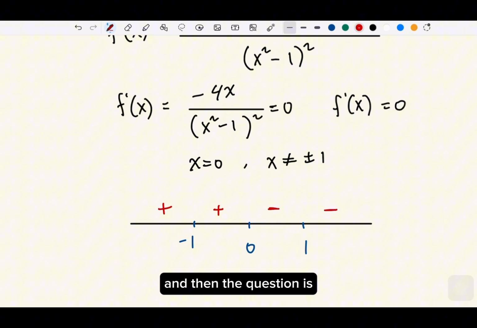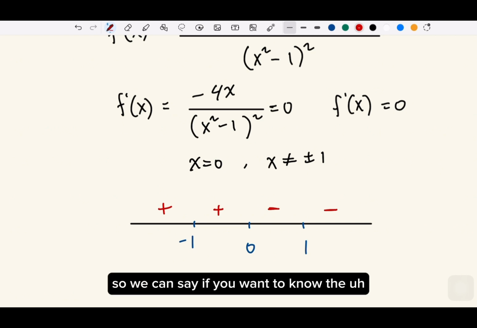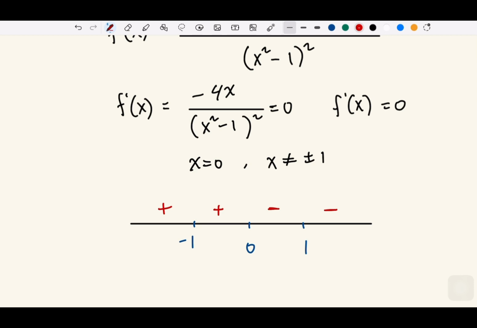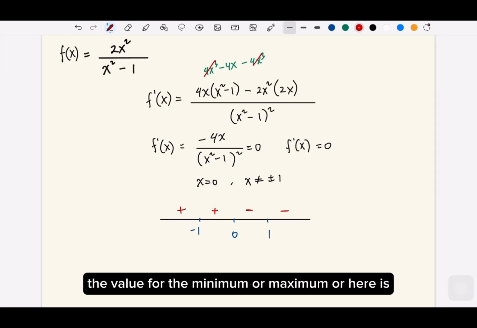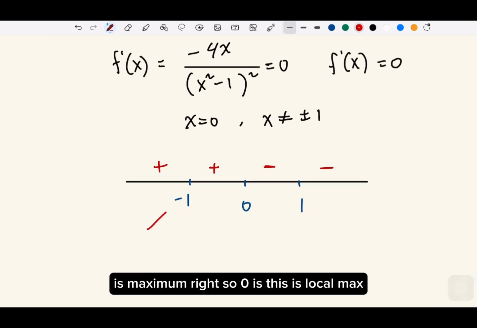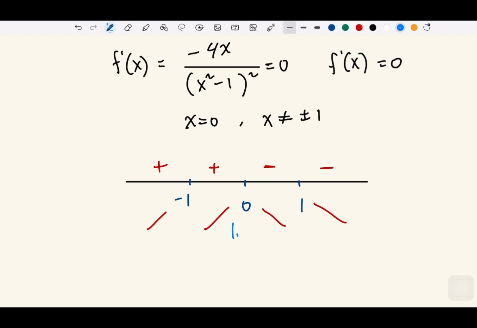And then the question is, the critical number is only 0, right? Only this x equals 0, right? So if you want to know the value for the minimum or maximum, here is the maximum, right? So 0 is the local max.